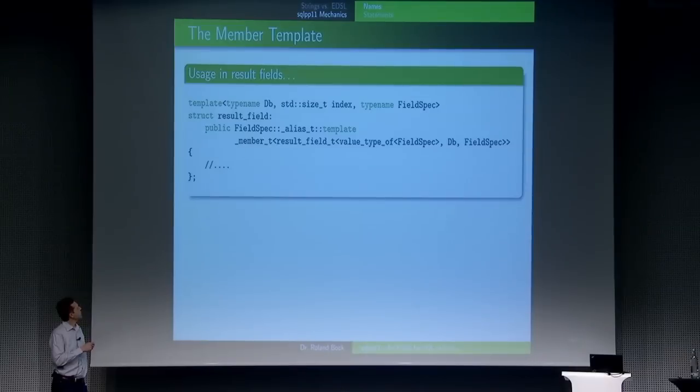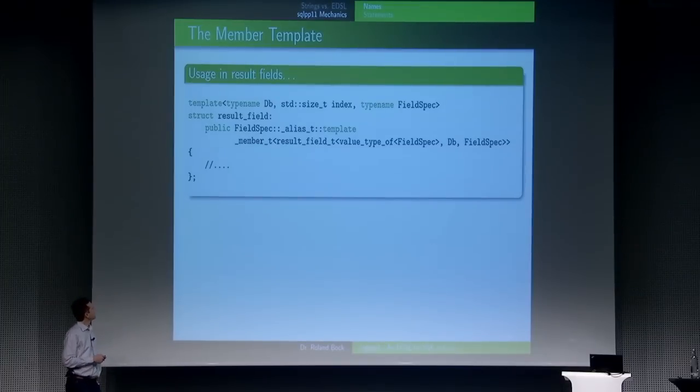It uses that member template, again, to pull in appropriate members into this result field. In this case, only one. And the type is the reasonable result type for the selected column, okay?